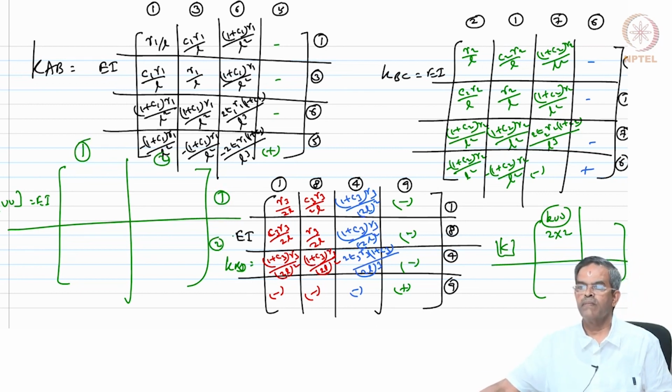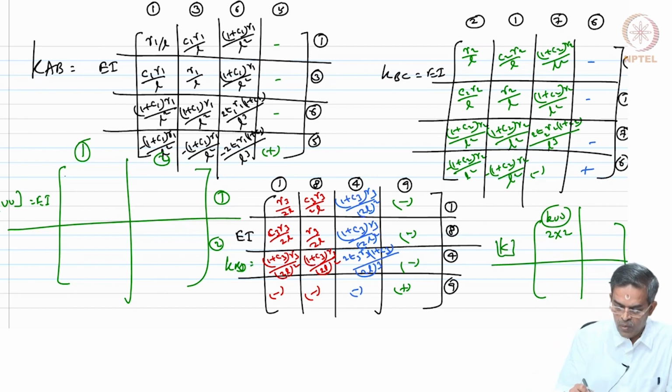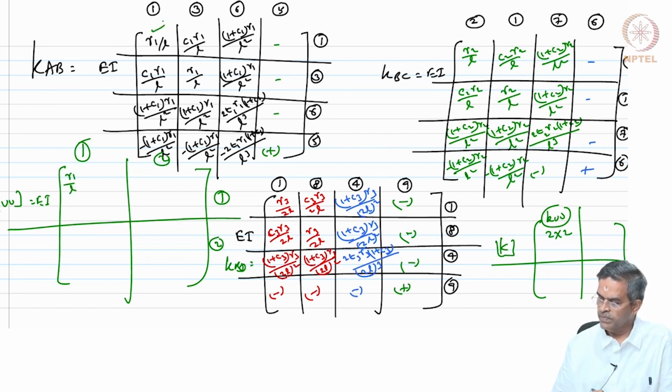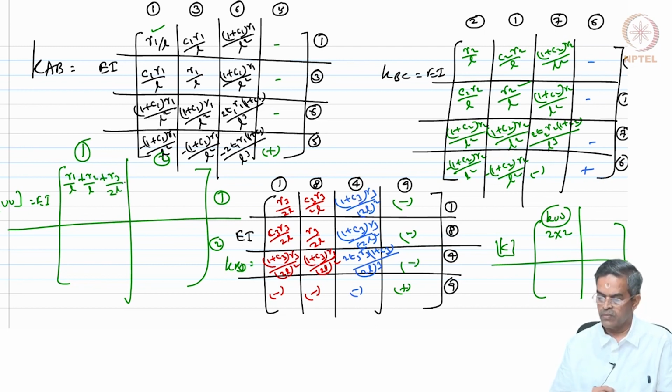So I should say R1 by L, that is 1 1, then I get R2 by L, then I also get R3 by 2L, okay, this one.